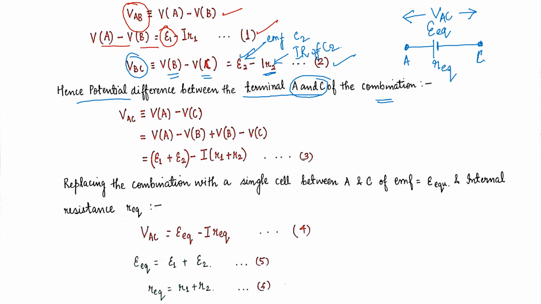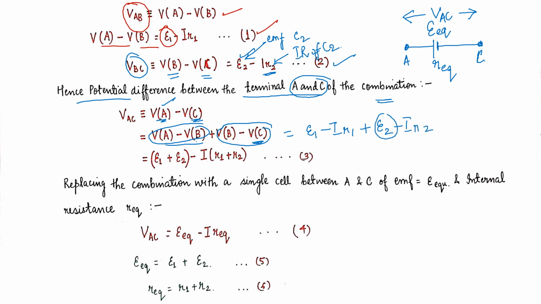This VAC equals VA minus VC, which equals VA minus VB plus VB minus VC. From equation 1 we will find the value of this, and from equation 2 we will find the value of this. So it will give us epsilon 1 minus IR1 plus epsilon 2 minus IR2.